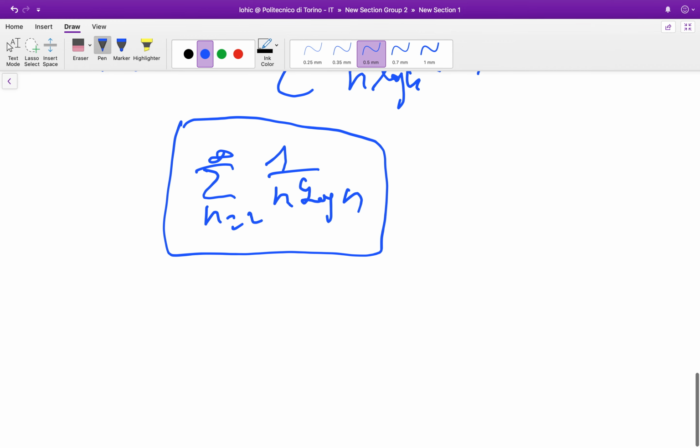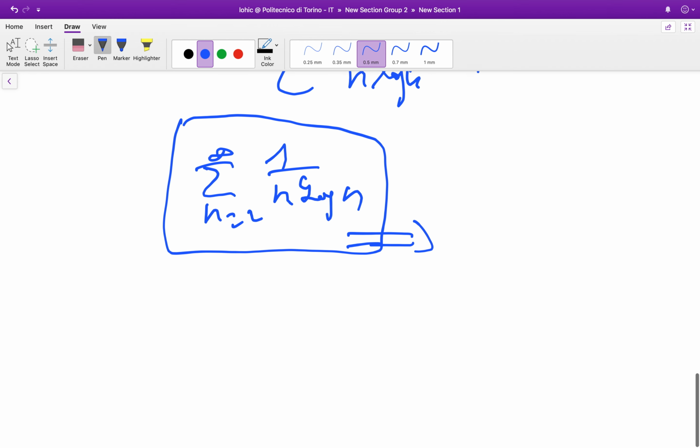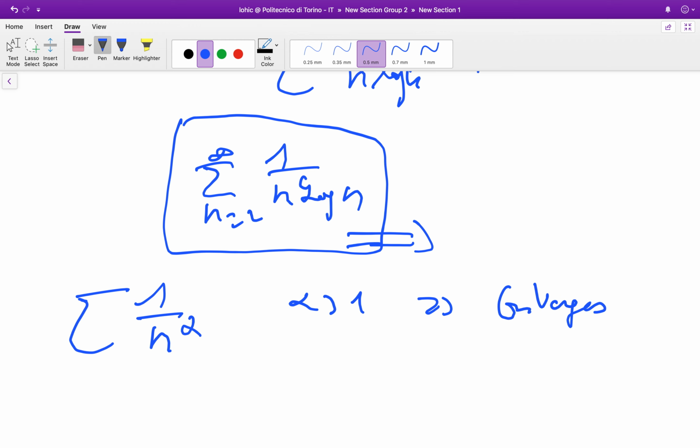So there is a criterion that tells us about the convergence of series of this type. I know that you saw in class that for the sum of 1 over n to the power alpha, if alpha is bigger than 1, then it converges, right? If alpha is less than or equal to 1, the series diverges.